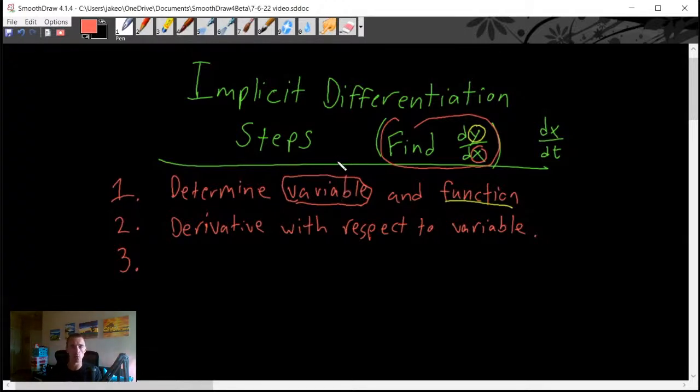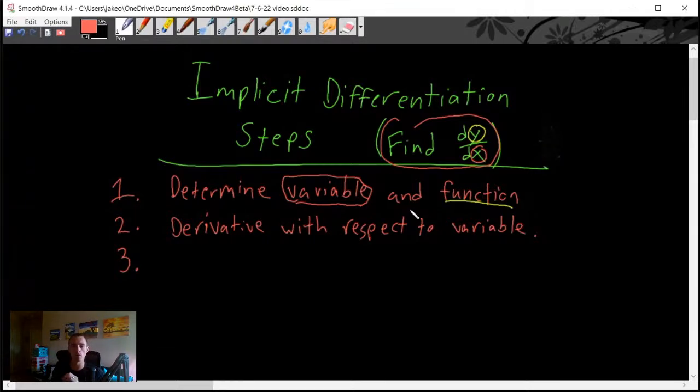However, any parts of your equation that include y or whatever your function letter is, you need to be sure to treat your function as a function of your variable. You need to treat y as a function of x. And that's going to be a little bit easier to explain with an example, which, like I said, we'll be getting into shortly.